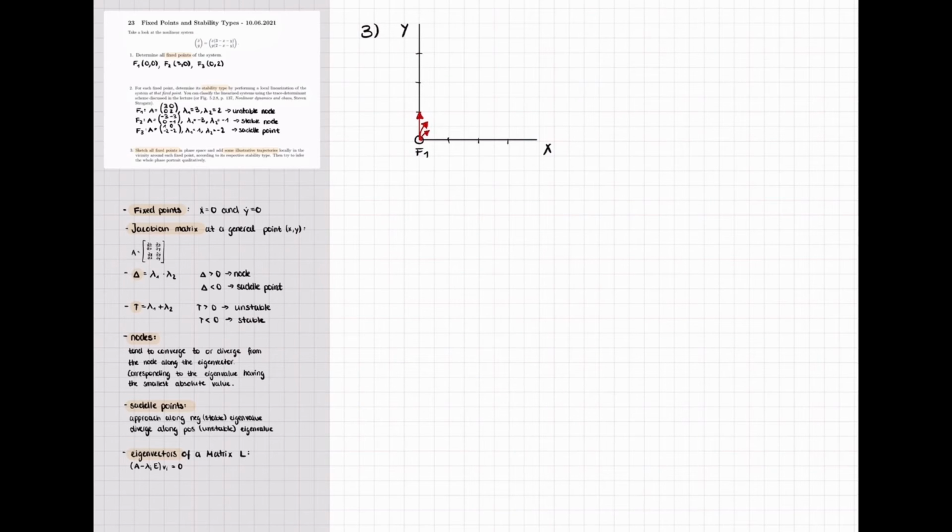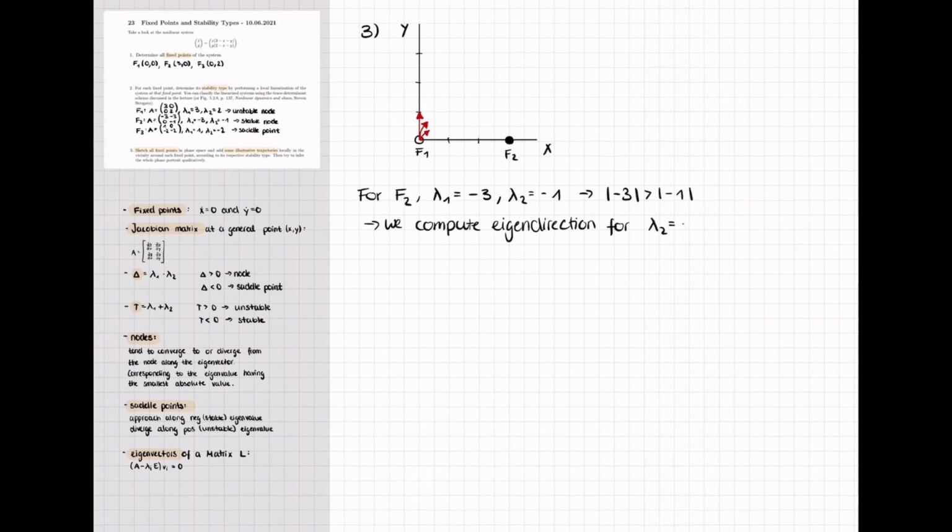So let's have a look at F2. F2 was a stable node at (3, 0), and we indicate that by a black circle in the phase space. To add the trajectories, we compute the eigenvector corresponding to the eigenvalue having the smallest absolute value, and F2 had the eigenvalues -3 and -1. So we compute the eigendirection for lambda 2, which was -1. We used the same formula as we did for F1, which leads to this linear system.